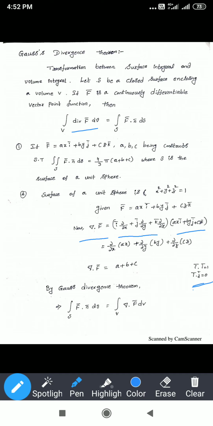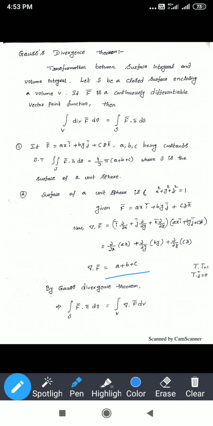The second term is dou by dou y of by and the third is dou by dou z of cz. Partial differentiation of ax with respect to x gives a, of by with respect to y gives b, and of cz with respect to z gives c. So totally, del dot f bar is equal to a plus b plus c.